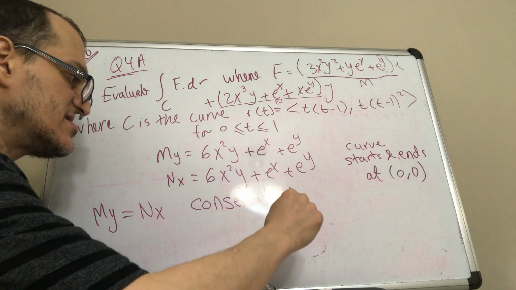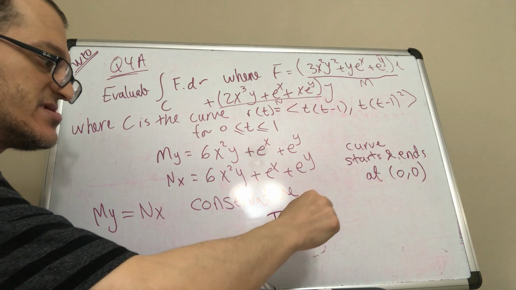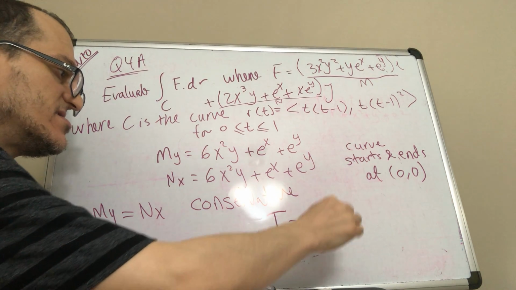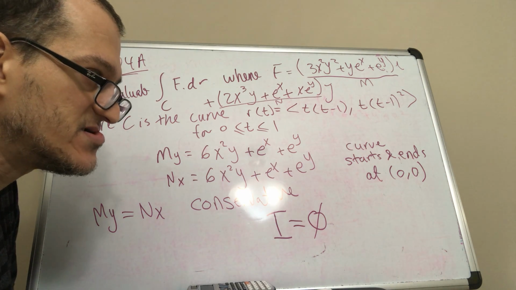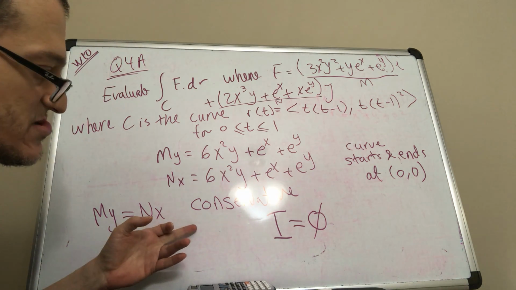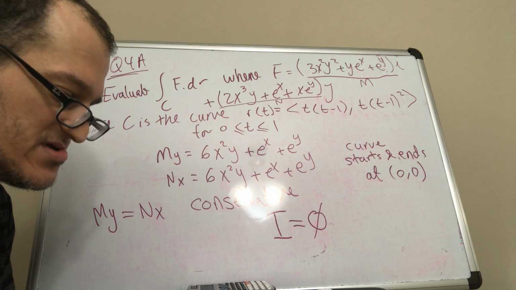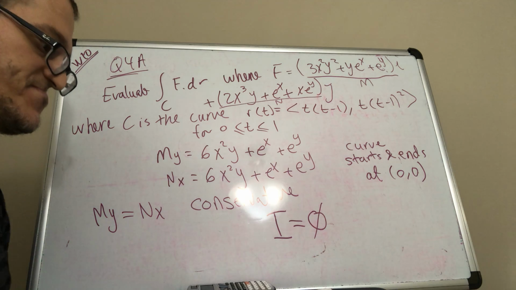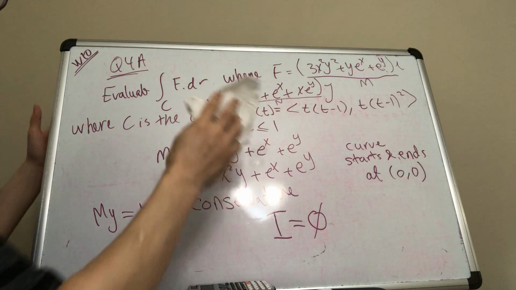That means that if the integral is conservative and starts and finishes at 0, the result of the integral is 0. So if you just say it's conservative, starts and ends at 0, the answer is 0. So that's not bad. I'll do the next question.